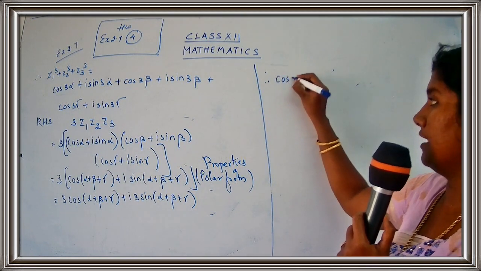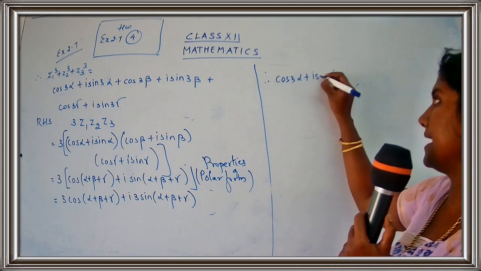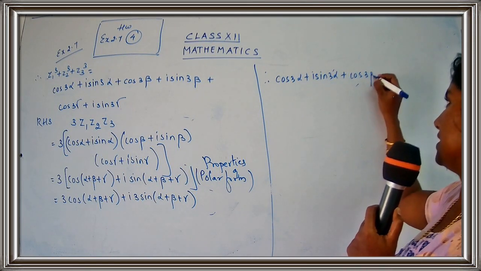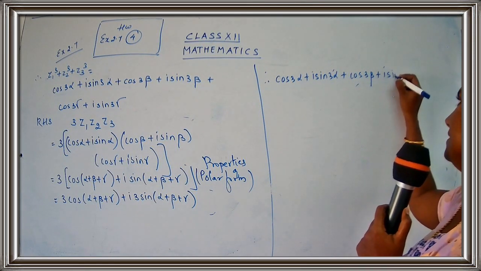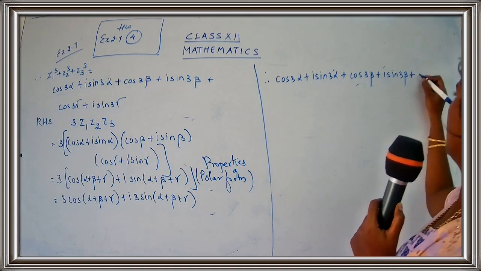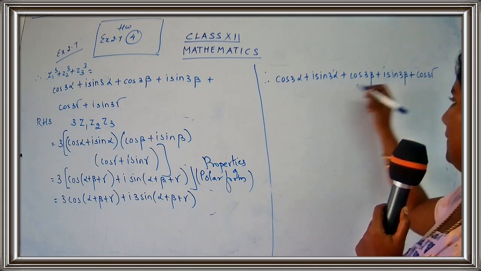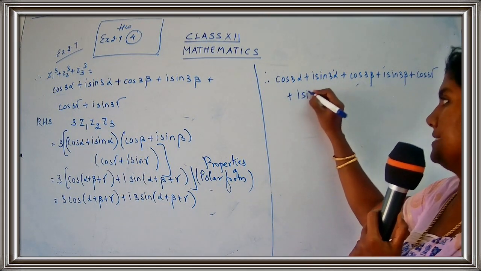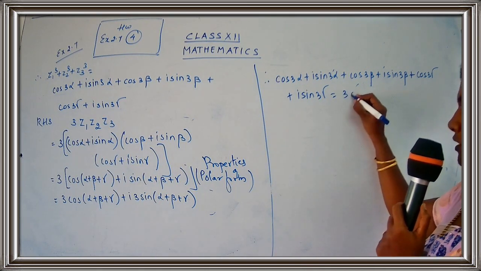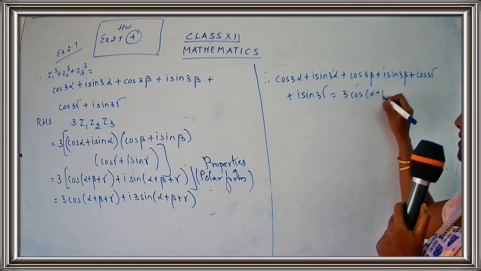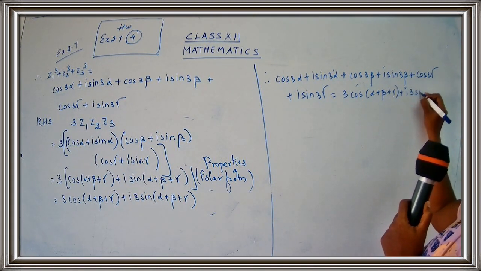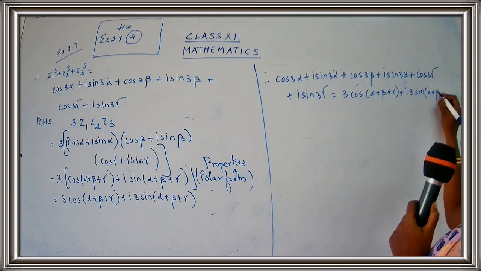cos 3 alpha plus i sine 3 alpha plus cos 3 beta plus i sine 3 beta plus cos 3 gamma plus i sine 3 gamma is equal to 3 cos alpha plus beta plus gamma plus i 3 sine alpha plus beta plus gamma.